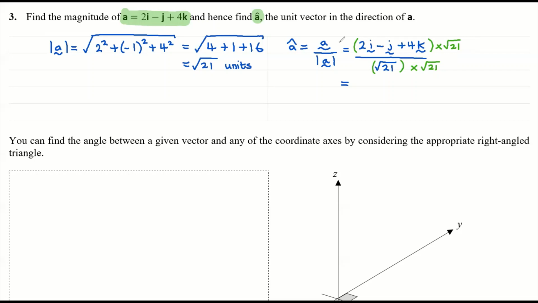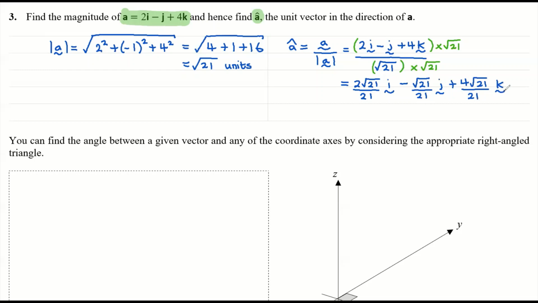So we're going to have, first of all, 2 root 21 over 21, and that's the i component, subtract root 21 over 21, lots of j, plus 4 root 21 over 21, lots of k.